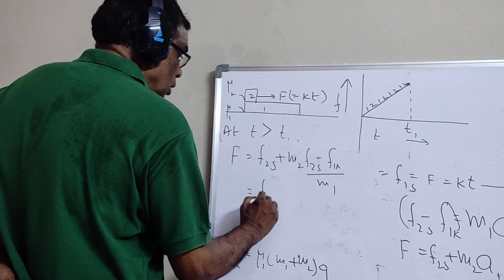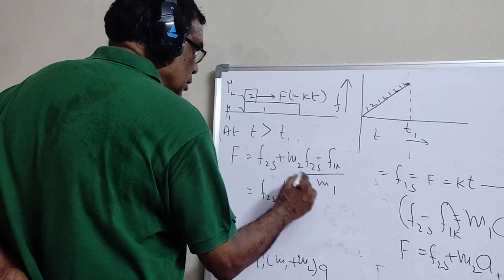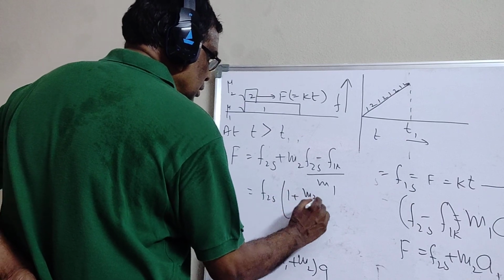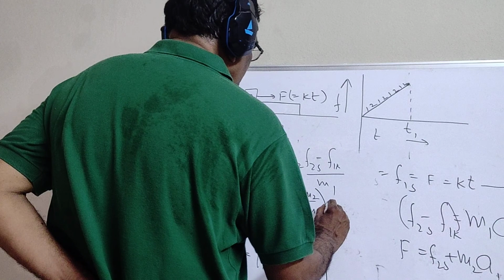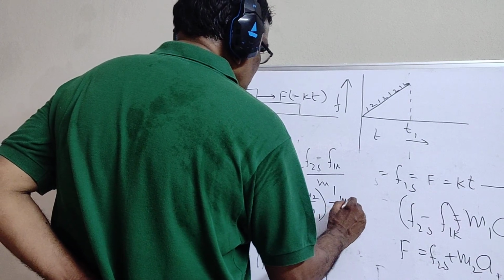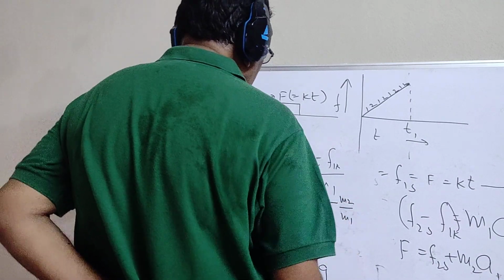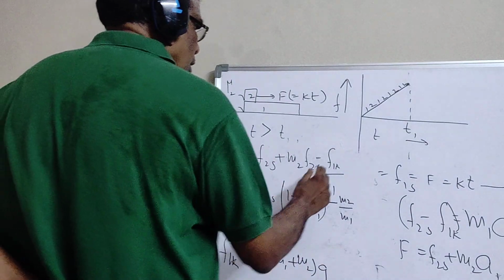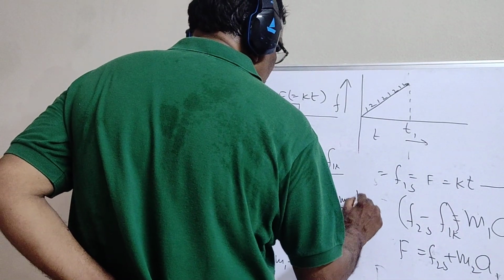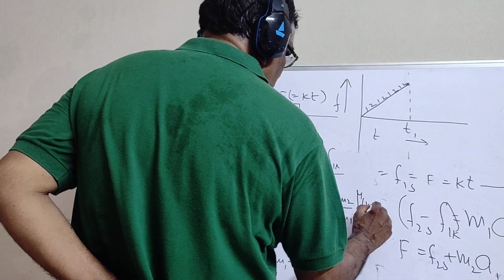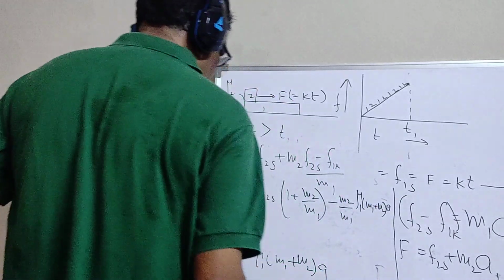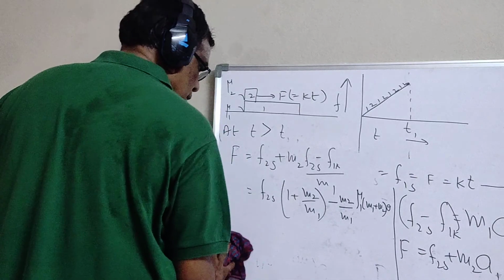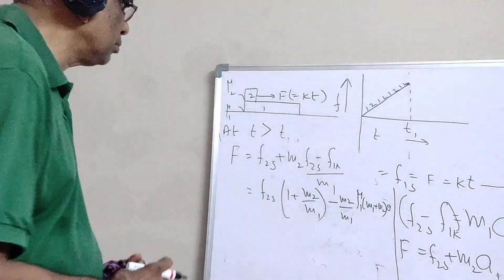Okay, so what is F2S? 1 plus M2 by M1, minus M2 by M1 times F1K, which is mu1 into M1 plus M2 into G.